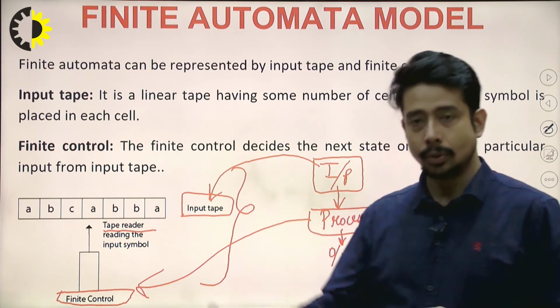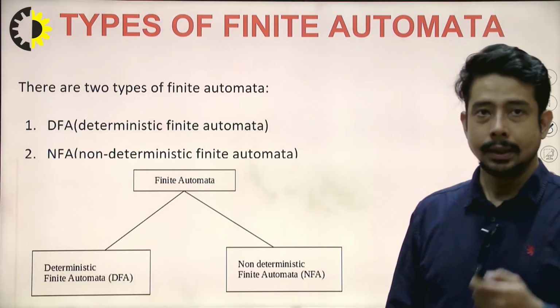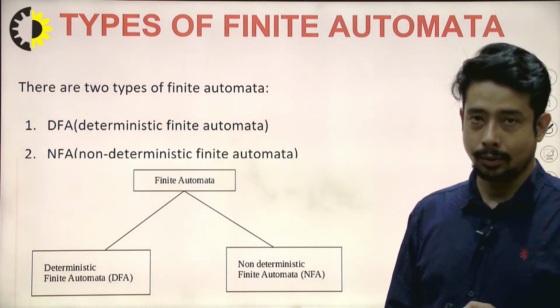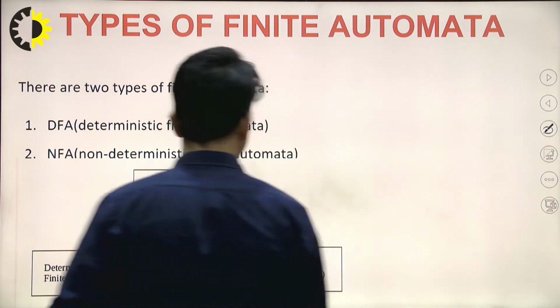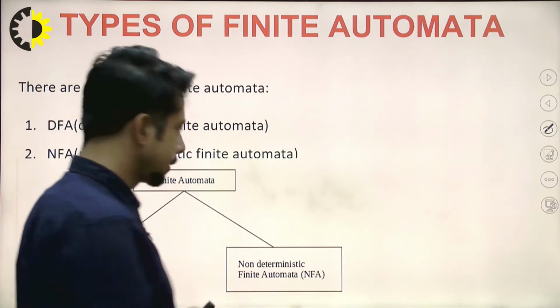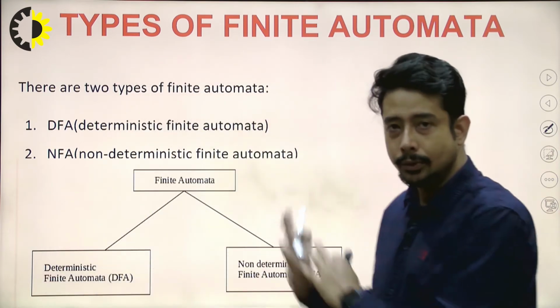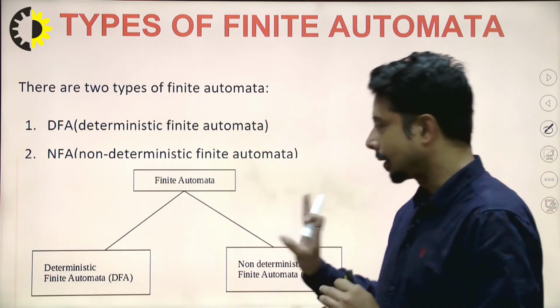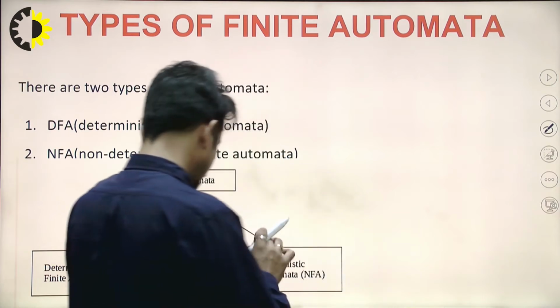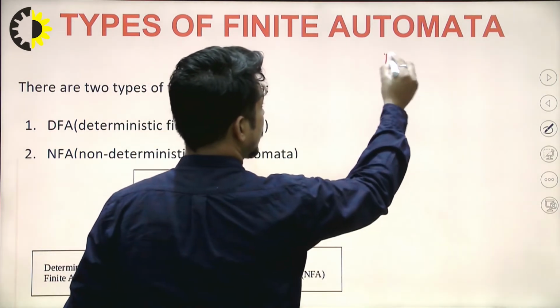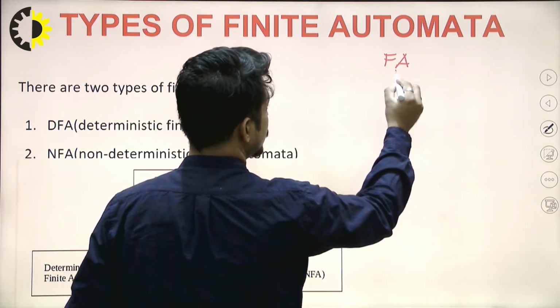Okay. Now let's go with the upcoming slides. Next slide says the types of finite automata. If we look into the types of finite automata, let me show it to you. This is what already have been given to you, that finite automata is categorized in this. But actually, we need to look into this particular point. Finite automata can be divided into two categories.